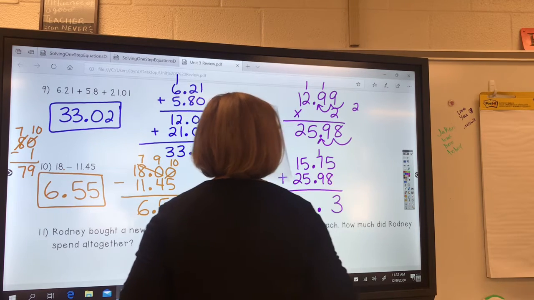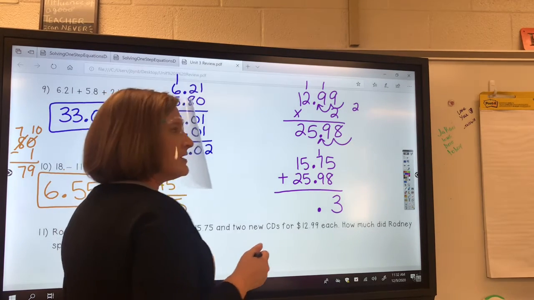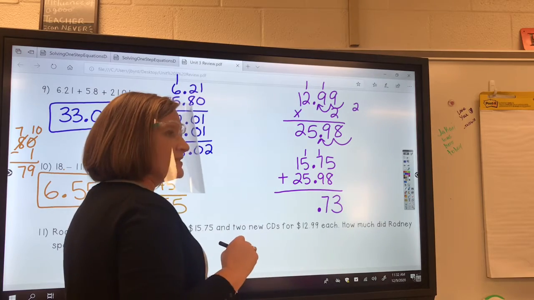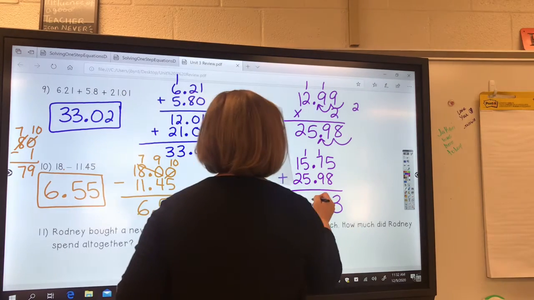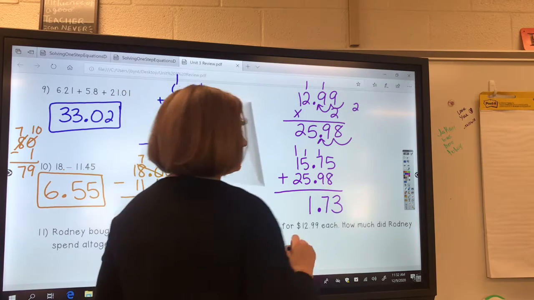Carry my 1. 1 plus 7 is 8, plus 9 is 17. 5 plus 5 is 10, plus 1 is 11. 1 plus 1 plus 2 is 4.